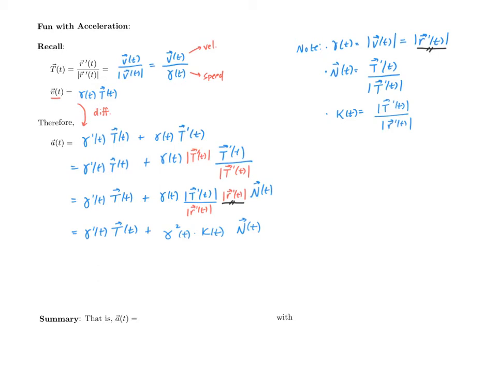And what we've done is we've now taken the acceleration and broken it up into what we're going to think of as its tangential and normal components. So let me go ahead and summarize this. Now is the part where we need to make sure we are familiar with the following details.